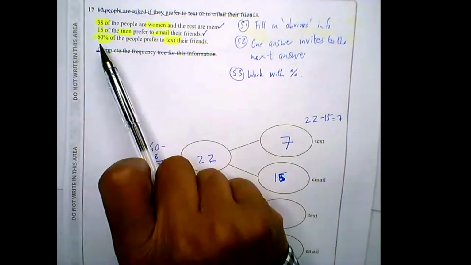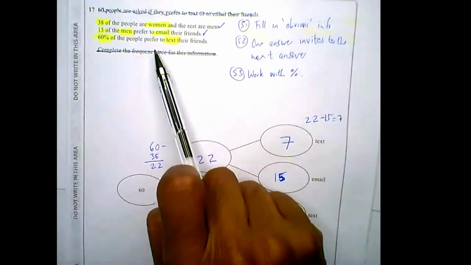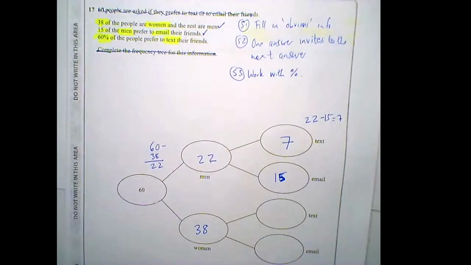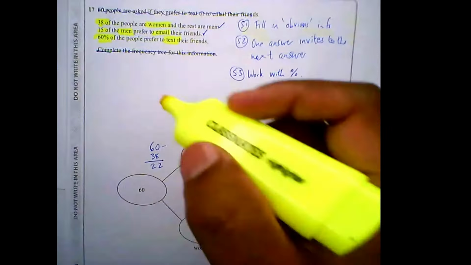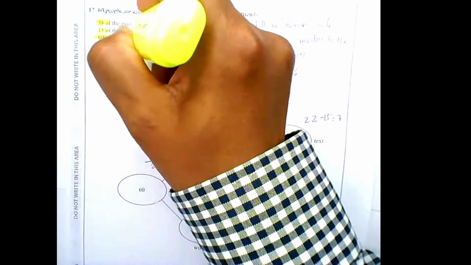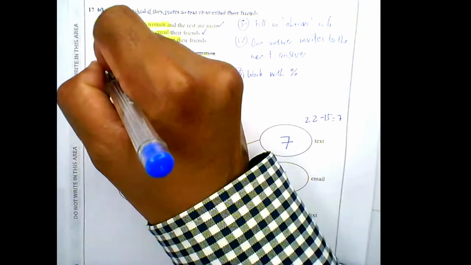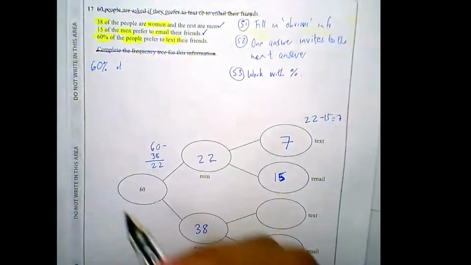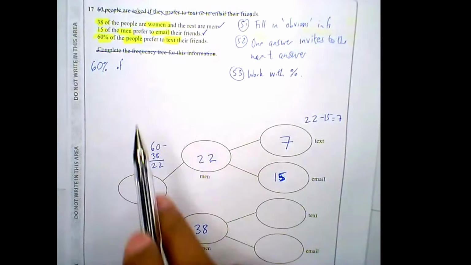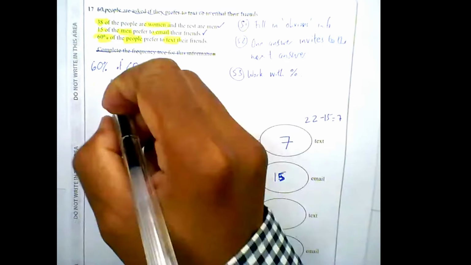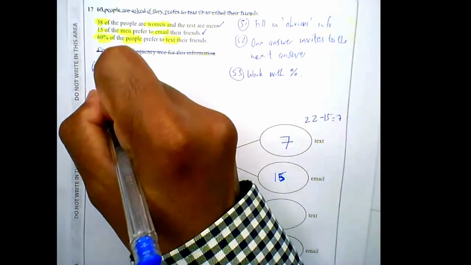Now the next bit of information, 60% of the people prefer to text their friends. And I have missed a key bit of information, which is 60% of the people. So I'm looking for 60% of, how many people do I have? I've got 60 people. 60% of 60.